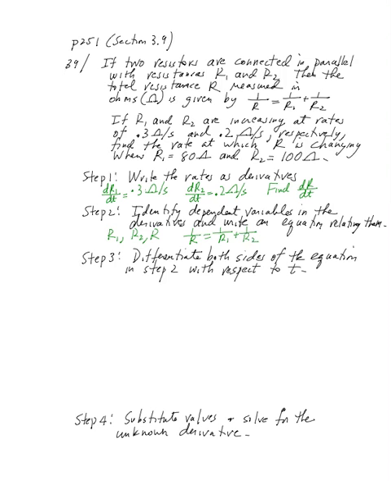All right? Step 3, differentiate both sides of that equation from step 2 with respect to t. Now I could use the quotient rule, and I could also write this 1 over R as R to the negative 1, but let's just use the quotient rule.